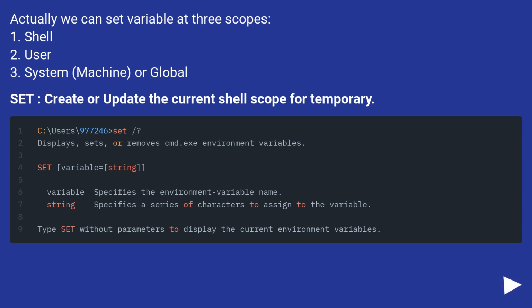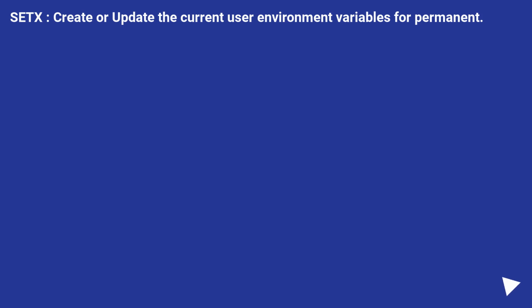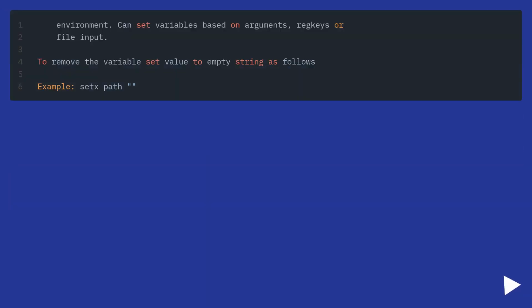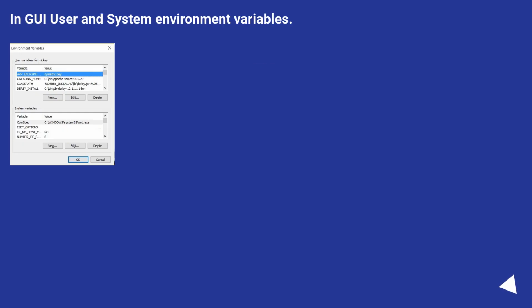SET creates or updates the current shell scope, for temporary use. SETX creates or updates the current user environment variables, for permanent use. In the GUI: user and system environment variables.